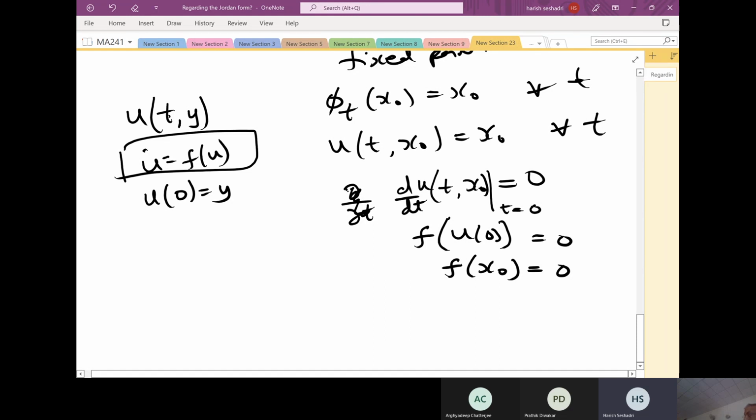Yeah, correct. That's right. Theoretically one can do that, though it's not practically that helpful. I think that point about rescaling was made only to say that even making this assumption that the flow is defined for all time, you don't lose much.